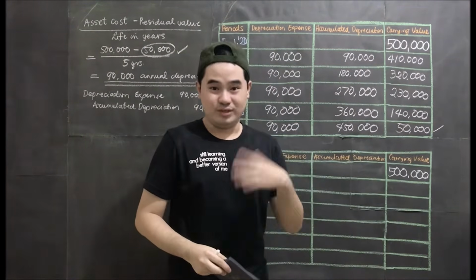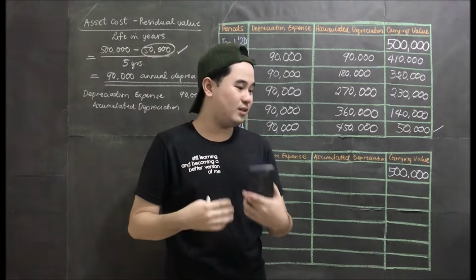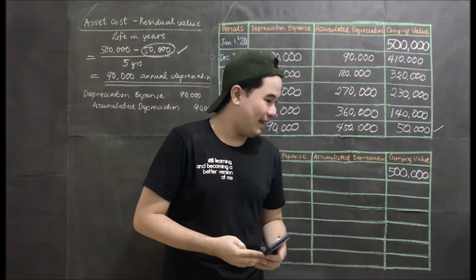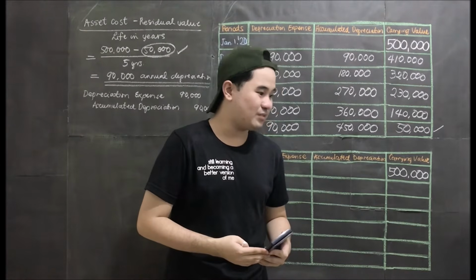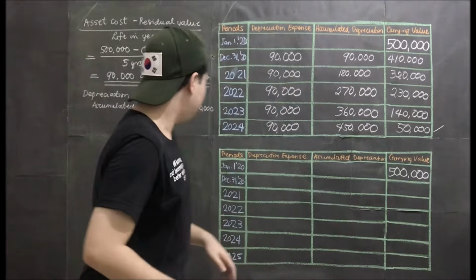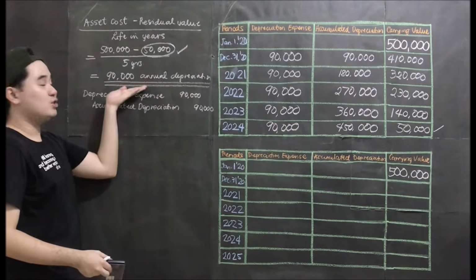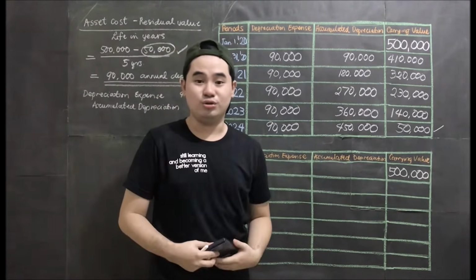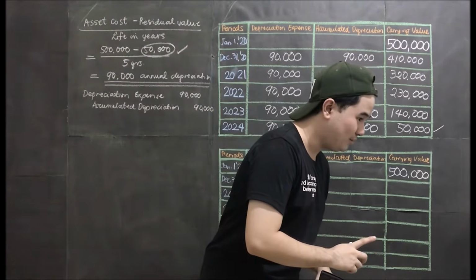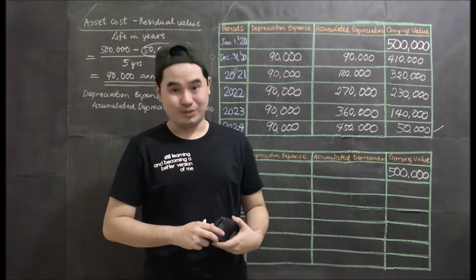The second example is just the same actually. So it gives you an equipment amounting to 500,000, and also the residual value is 50,000, and the life is also 5 years, which also give you a annual depreciation of 90,000. However, the asset was purchased on April 1, 2020.